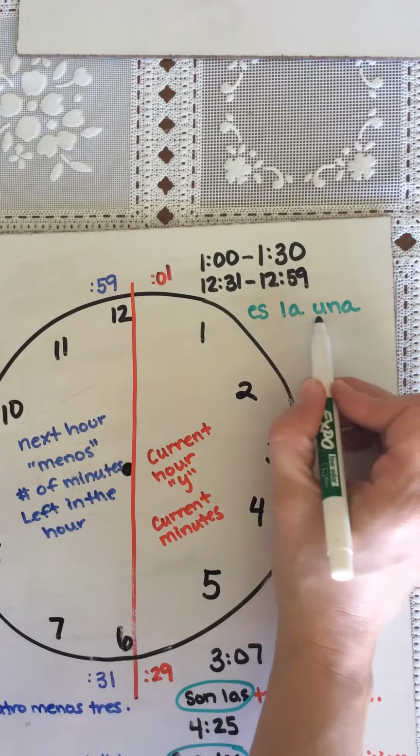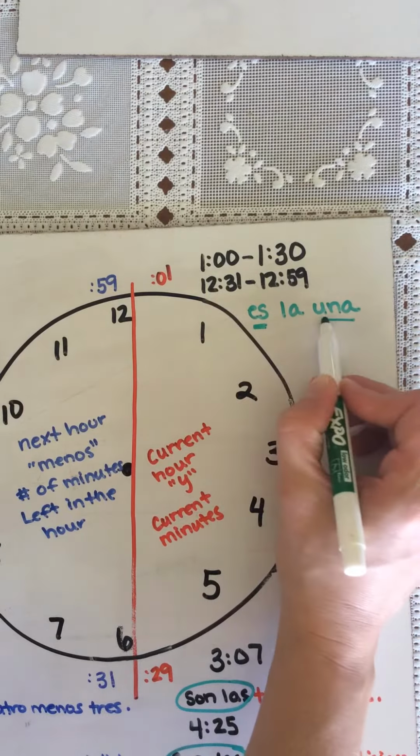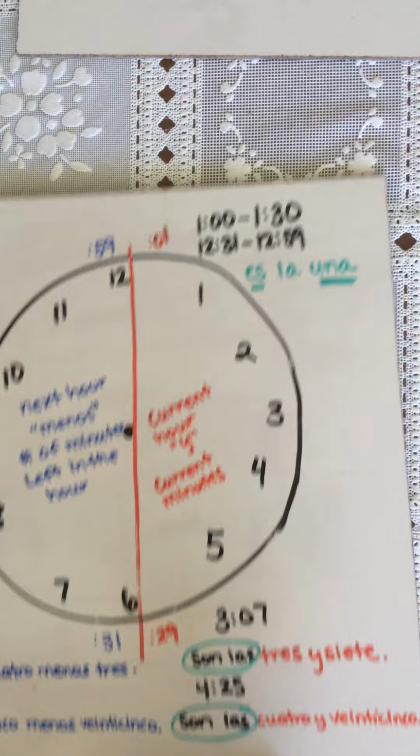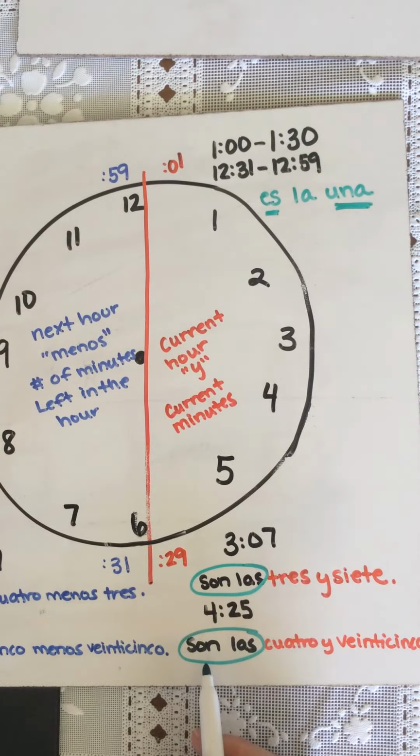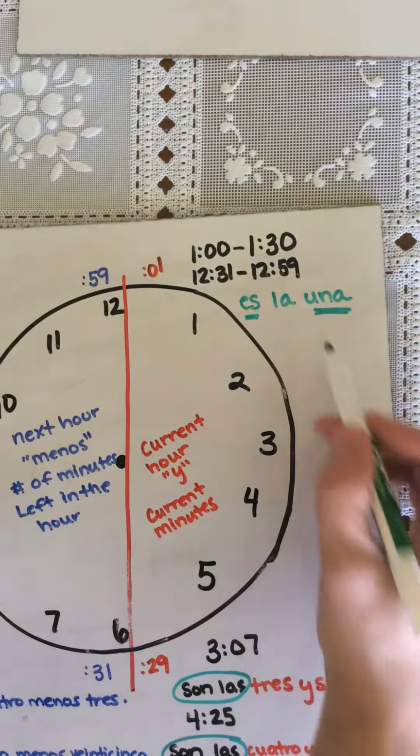Because again, there's only 1 hour, so our verb has to match the number of hours. Down here, we had 3 hours, so it has to be plural. 4 hours, so it has to be plural. But here we only have 1 hour.